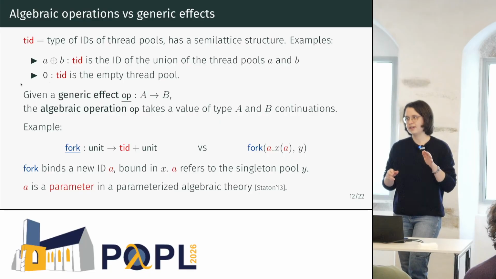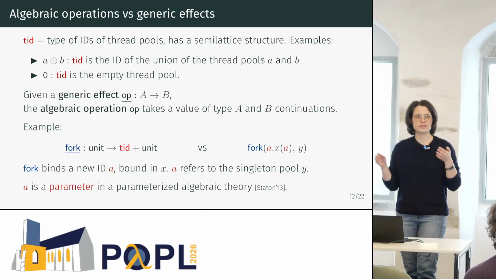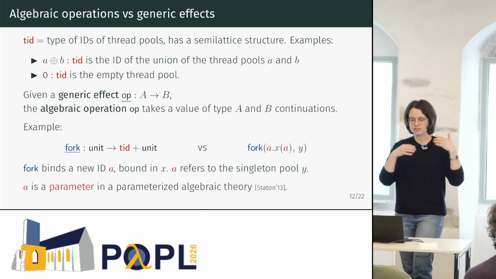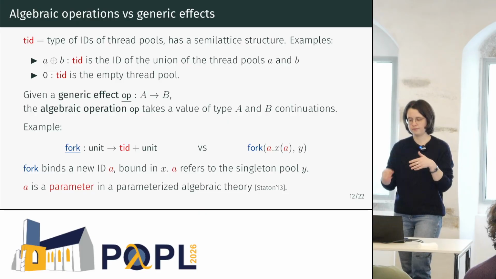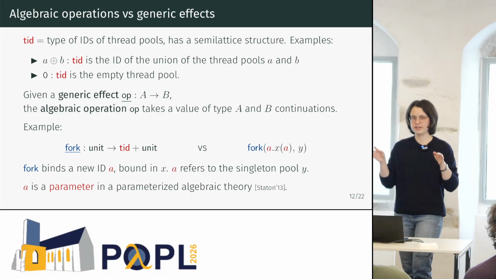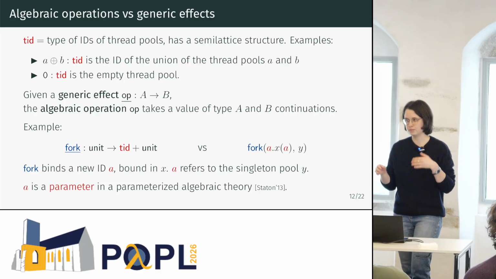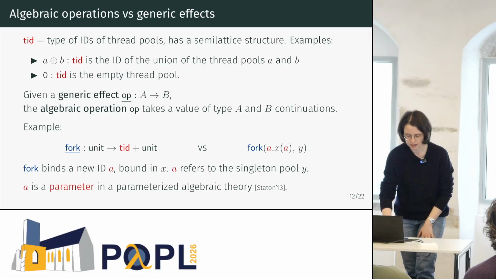Okay. So in order to give the algebraic theory in a concise way, it's easier to use algebraic operations. But so far we have been using generic effects to represent the effects like fork and wait. So I want to first explain the correspondence between algebraic operations and generic effects before I get to the algebraic theory.